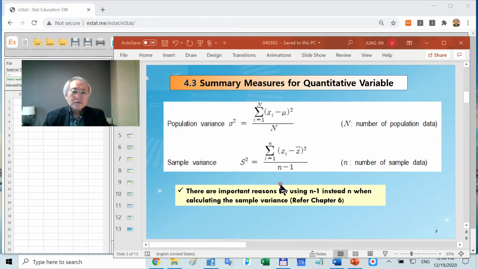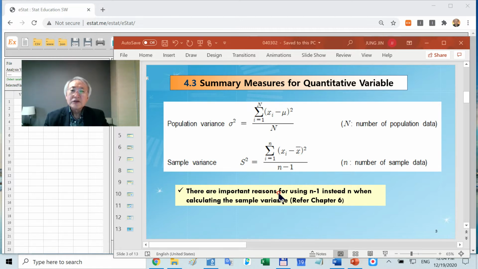If you have population data, you have to apply this formula. N is the number of population data. Mu, as you know, is the population mean. In case of sample data, you have to calculate the squared distance from x bar, the notation for sample mean, and then divide by n minus 1.